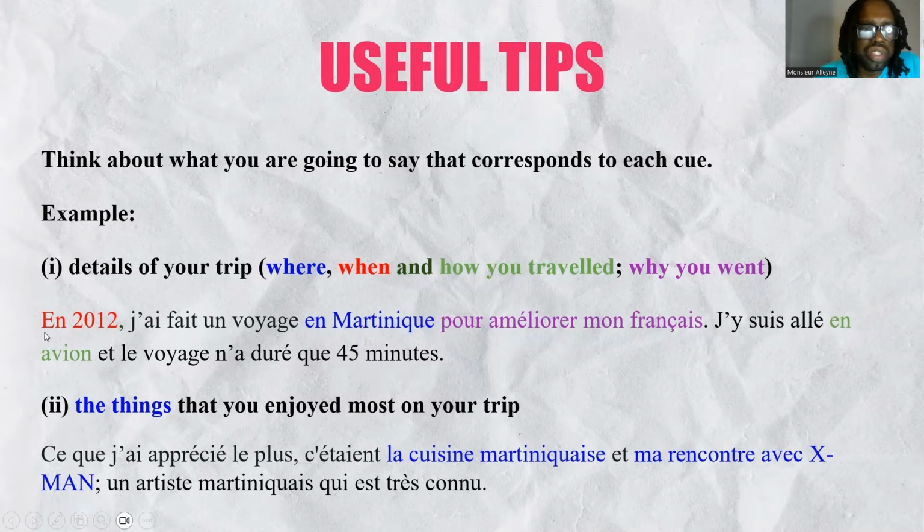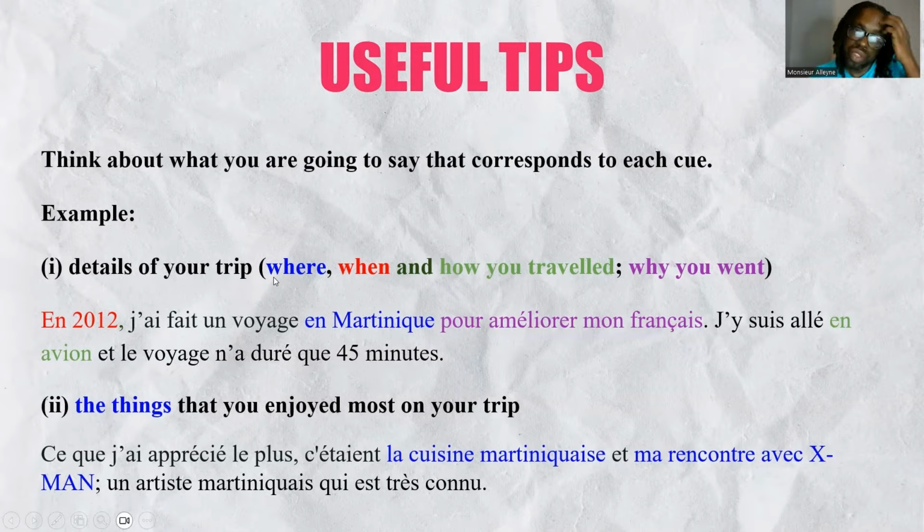And what this is saying is, in 2012, I traveled to Martinique in order to improve my French. I went there, literally, by plane, and the trip only took 45 minutes.